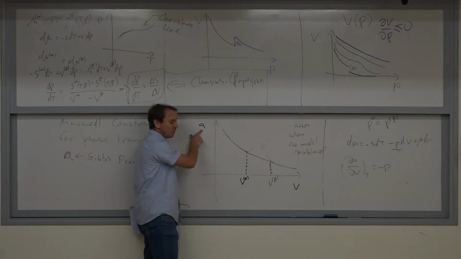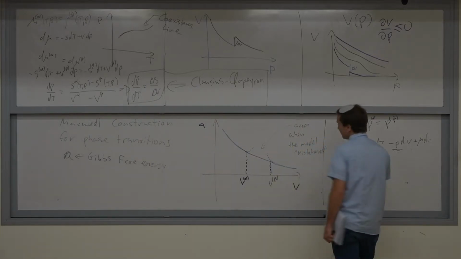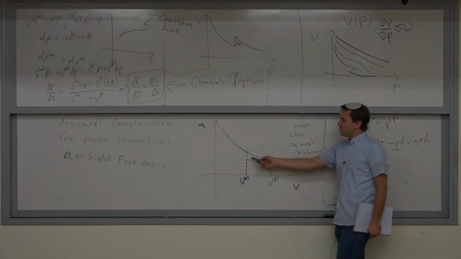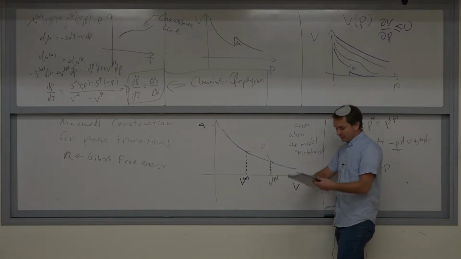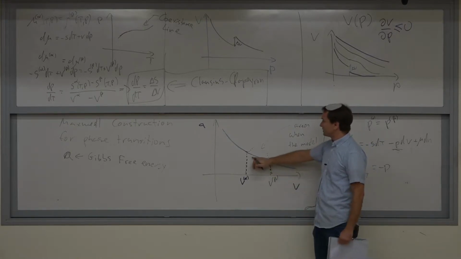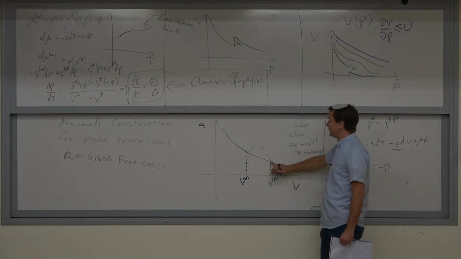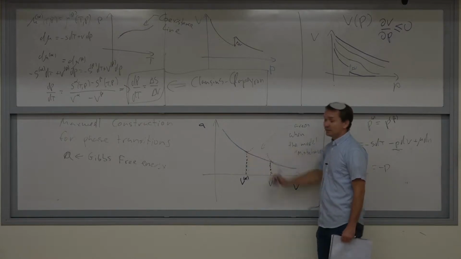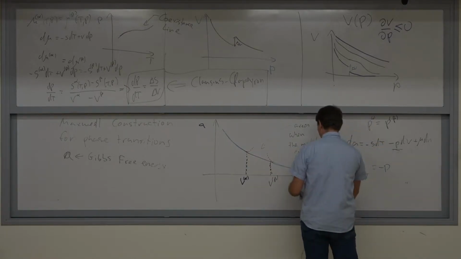And what Maxwell proposed, instead of using the regular state function, is what should I use at the phase transition? I should basically connect the point where the phase transition starts and the point where it ends by a straight line. This was his proposal.